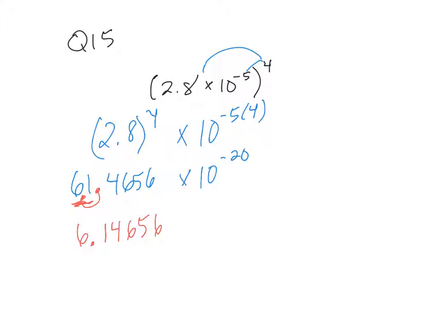However, if I ever have to move the decimal point, I have to change the exponent for the 10, so that way it's taking into account that space we moved. Since I took a larger number and made a smaller number, I'm going to have to make this exponent a larger number. So negative 20, a larger number by one space, because I only moved it one space, would be negative 19.